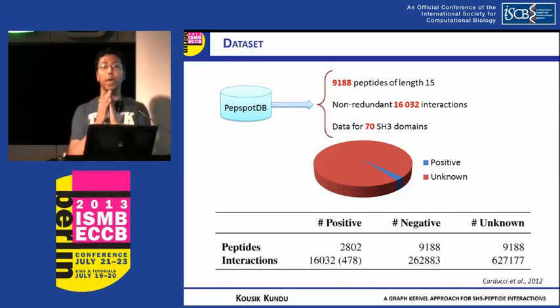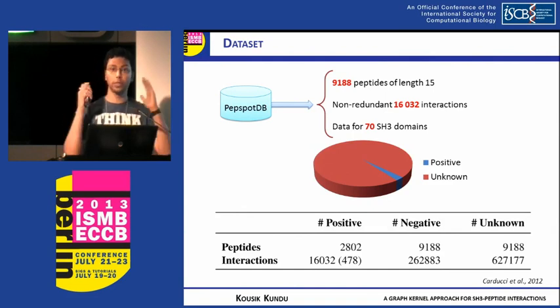If you need to make a very good discriminative model, you have to have very confident negative data. Therefore, we filtered the confident negative data out of these unknown data. So this was the motivation. If you need to make a discriminative model, you have to have not only good positive data but also good negative data.